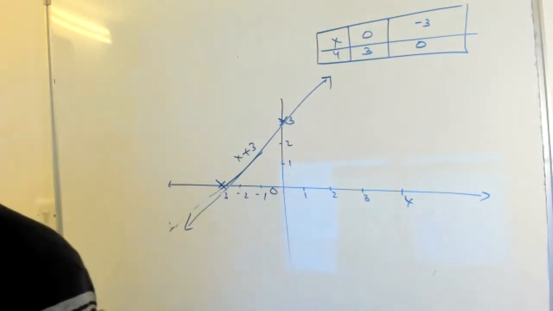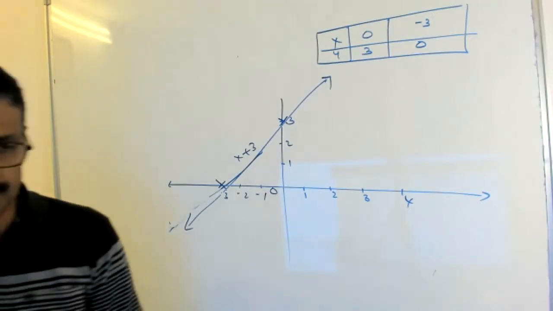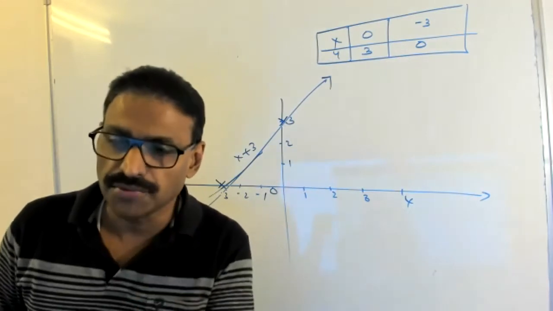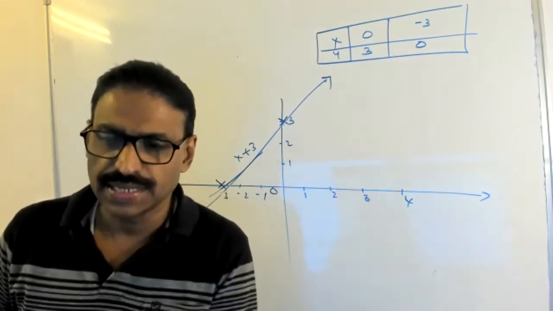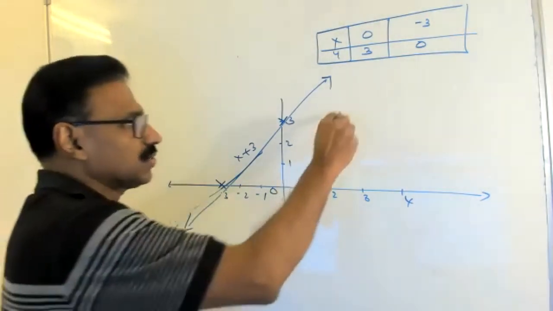Now we come to the class 10 portions. Listen. The graph is passing through minus 3. That means 0 is minus 3. The 0 of a polynomial means where the graph crosses the x-axis, its x-coordinate. Suppose the graph is passing through like this.